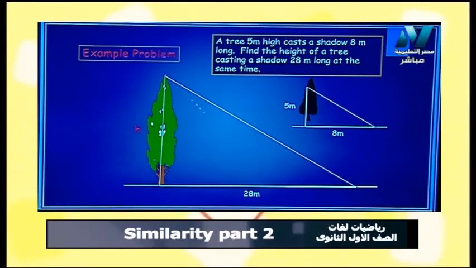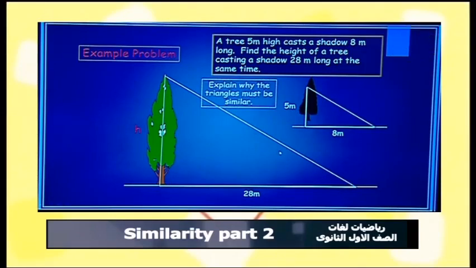We connect the top of the tree with this point and the other one, and explain why the triangles must be similar. These two triangles are similar because we have the shadow at the same time, so it's proportional, and this angle is a right angle, equal to this angle.